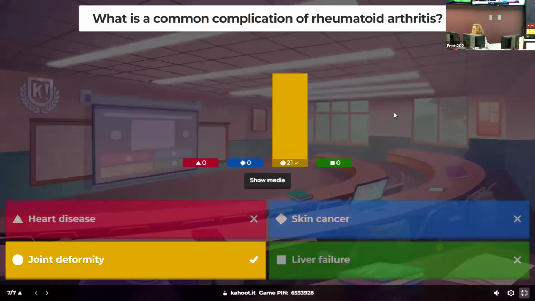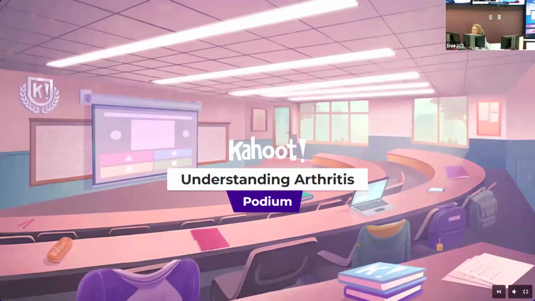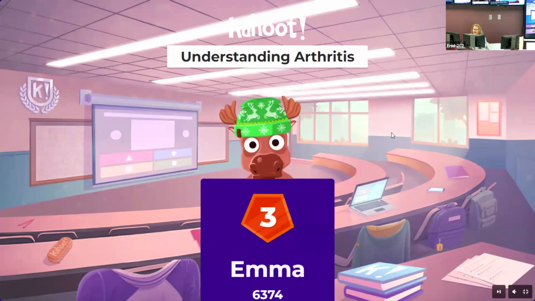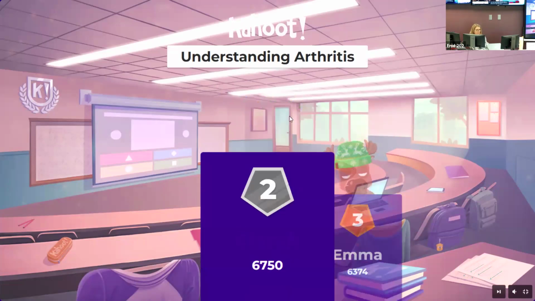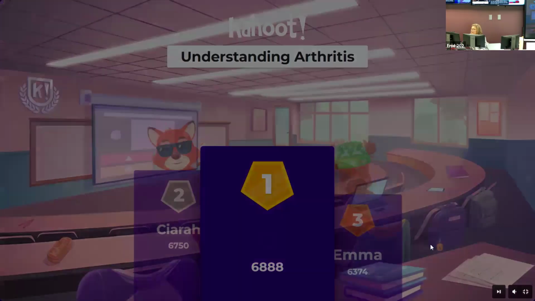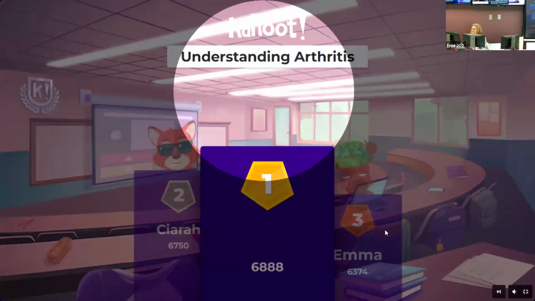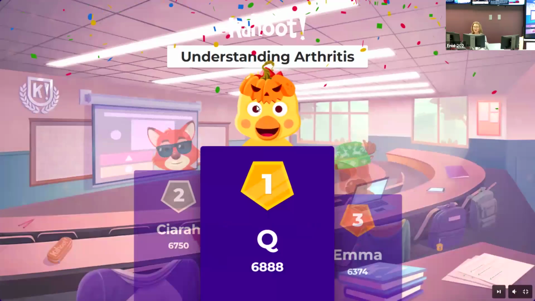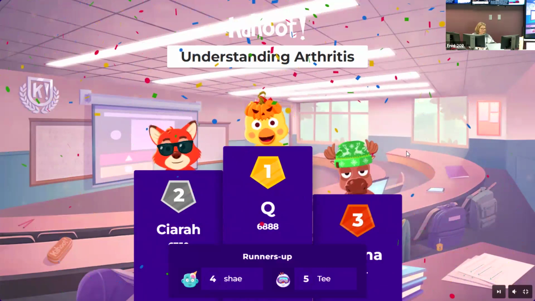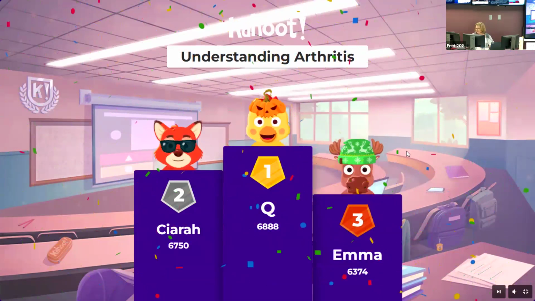Yes, joint deformity. Good job. Everybody got that one. Okay. Yay, Emma, you won. Good job, Emma. Way to go. Sarah got second. Or no, Emma got third, sorry. You got first. I don't know if you guys enjoyed it as much as I do, but that was pretty cool.